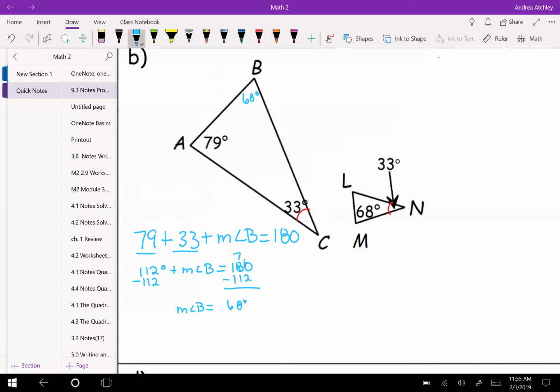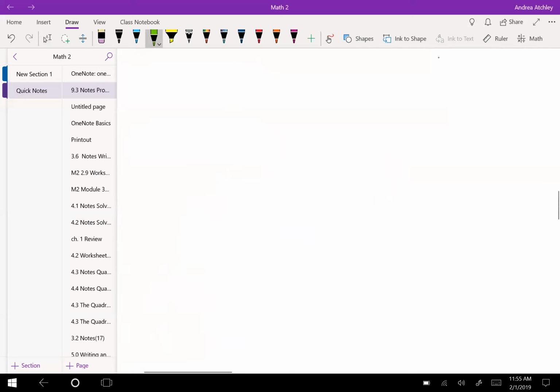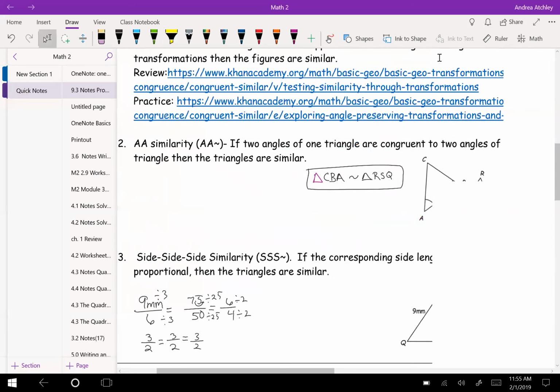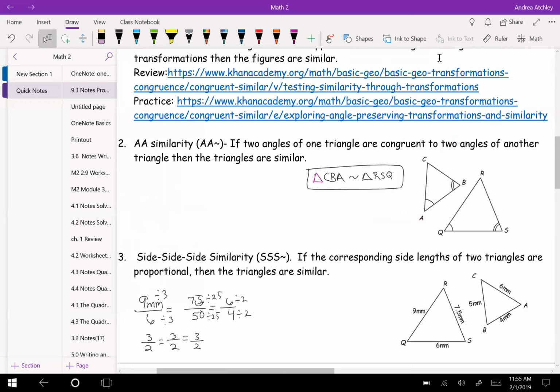So do I have another angle that's congruent now? Right? Angle B is going to be congruent to angle M. So now I have two angles that are congruent. Can I prove those are similar? Yes. Because one of our rules is if two angles of one triangle are congruent to two angles of another triangle, then the triangles are similar.